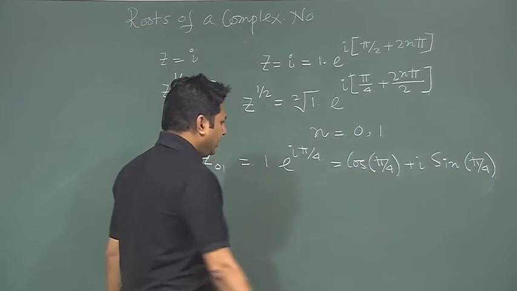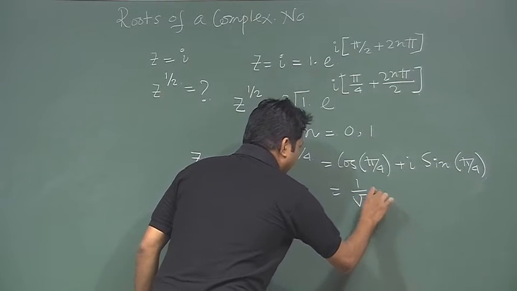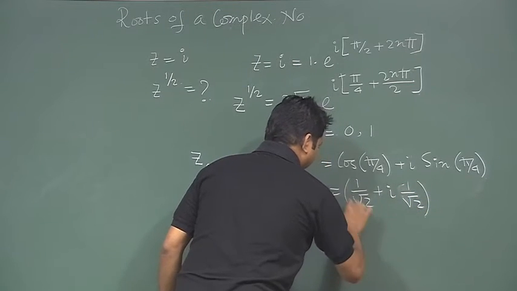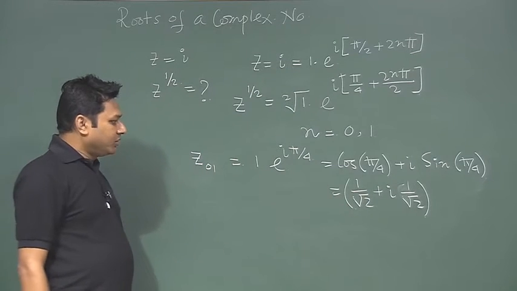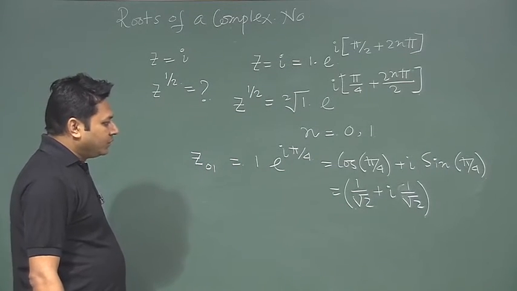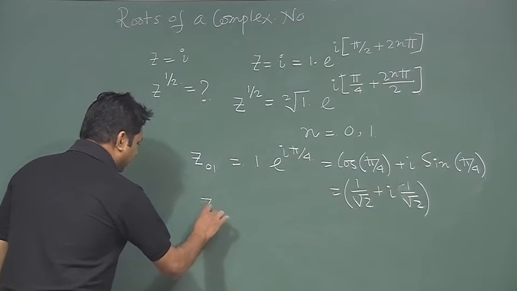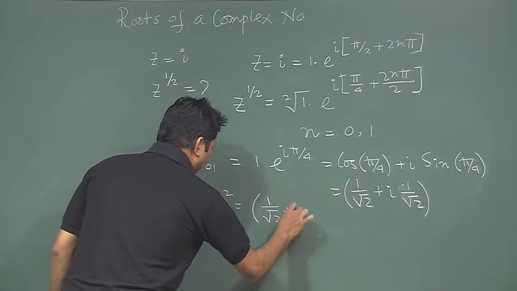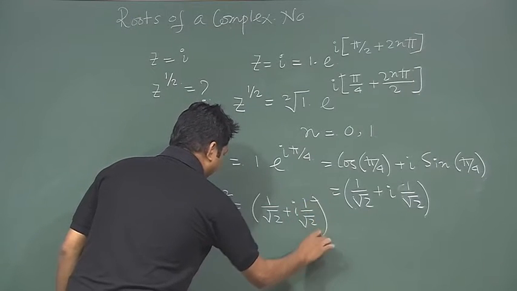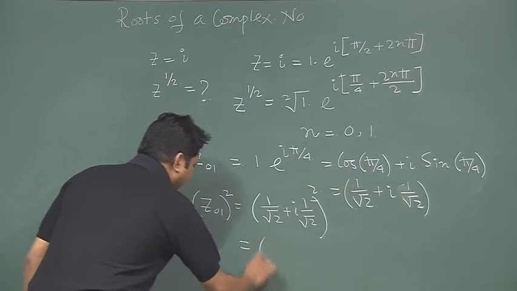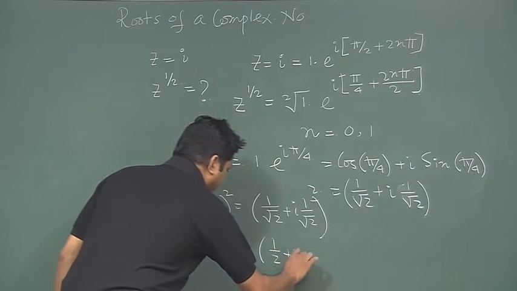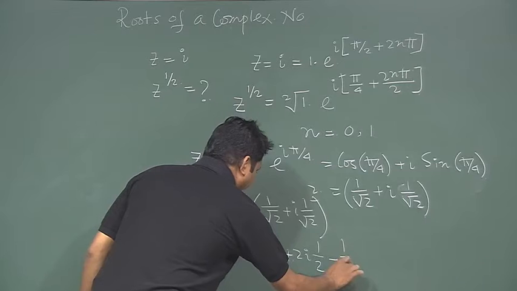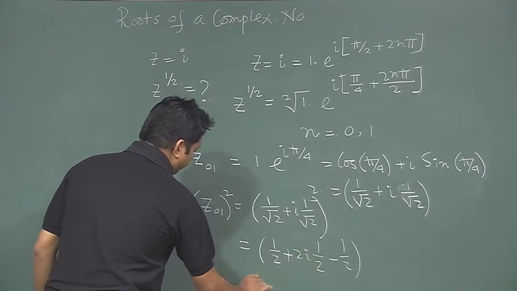Cos pi by 4 is 1 by root 2 plus i times 1 by root 2. To ensure this is the first root, if you square these things, 1 by root 2 plus i 1 by root 2, squared, this is half plus 2i times 1 by 2 minus half, the halves cancel out, and this will give me i.